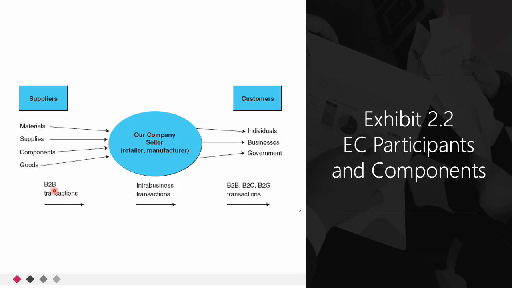And then your company, the middleman or the creator, here is a retailer. For example, Amazon, the manufacturer Tesla, or another service provider. So what you do here, you buy from the supplier because it's B2B, business to business, and you sell the products to customers.